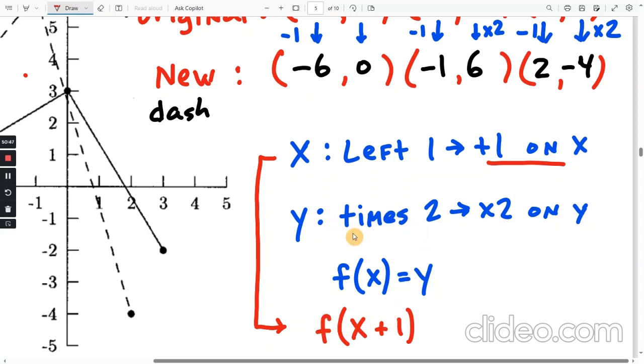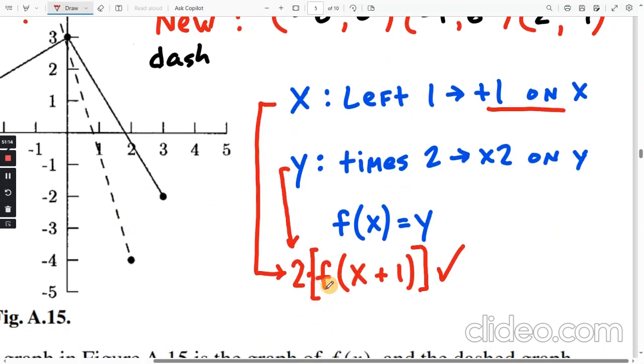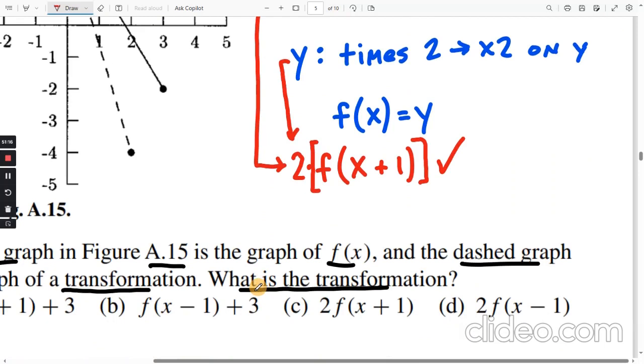If you do y times 2, that just means you're going to do 2 times this whole thing. So that's your answer right there. Remember, f of x, that's your y value, but the new y is going to be f of x plus 1. And then you just do the times 2 on that whole thing. So it's 2 times f of x plus 1. And that is answer C.